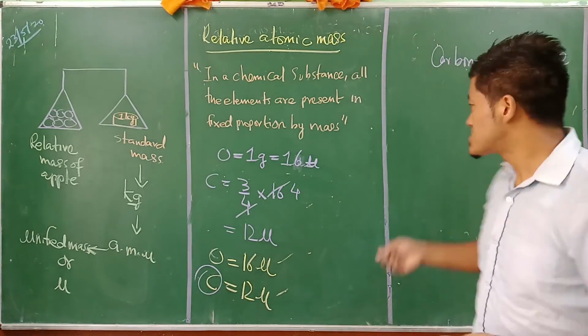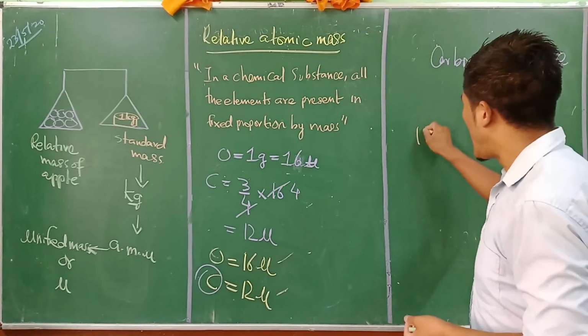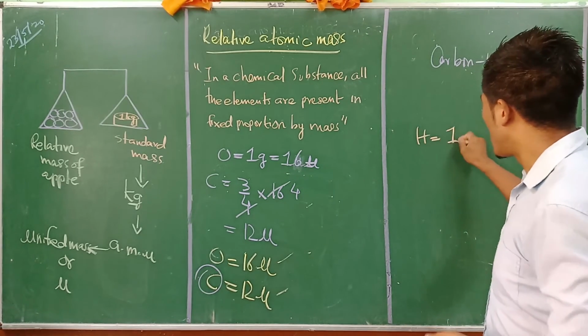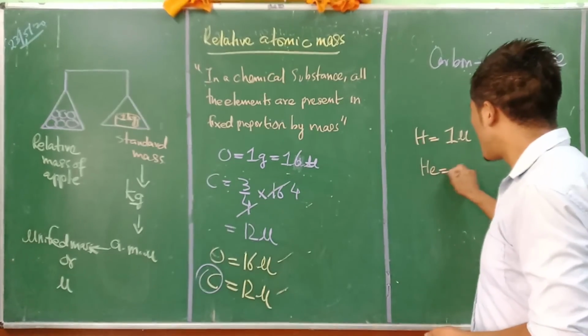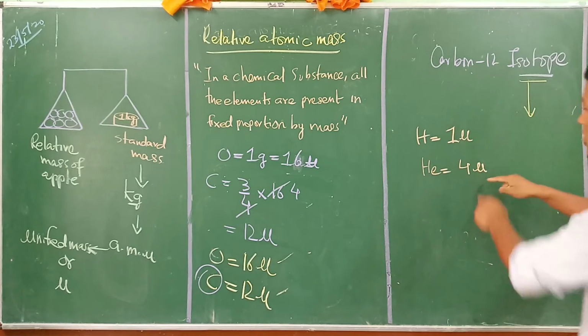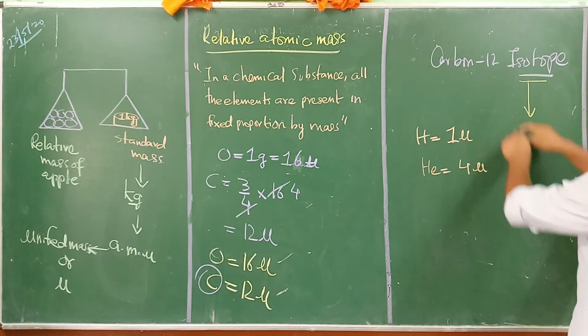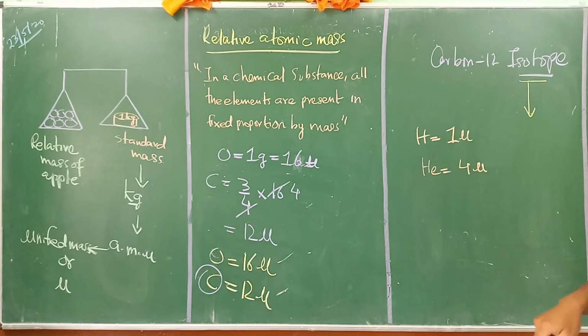So relative atomic mass is mass in comparison to the carbon-12 isotope, which is what we call relative atomic mass. Okay, so on that basis, hydrogen is referred to as 1 U, helium is referred to as 4 U. Now all these masses are with reference to the carbon-12 isotope.